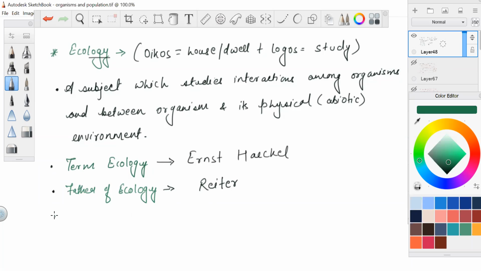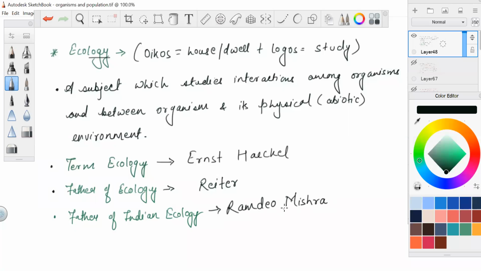Now you will write father of Indian ecology: Ramdev Mishra. Father of plant ecology.